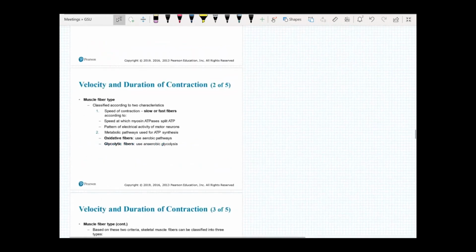So muscle fiber type. Muscle fiber, remember, is the muscle cell. So what we're talking about with this is there are two ways you can classify a muscle fiber. So when we're talking about a muscle fiber type, we're essentially going to classify it first. So you can classify a muscle fiber or a muscle cell.